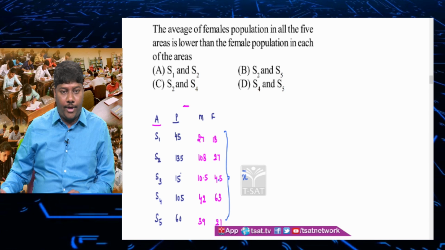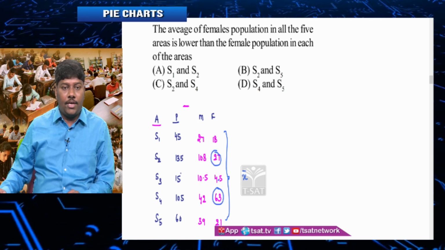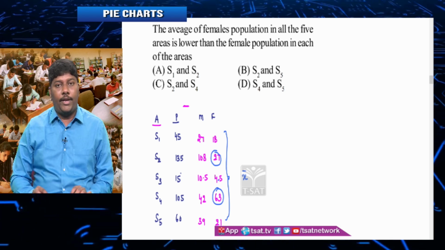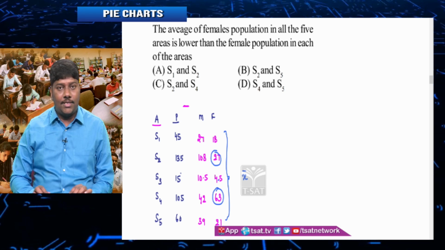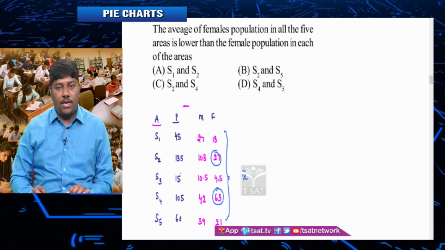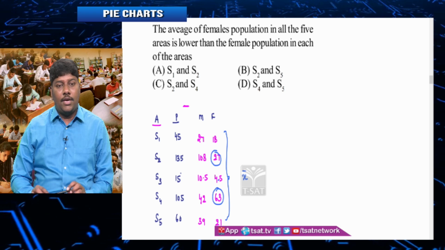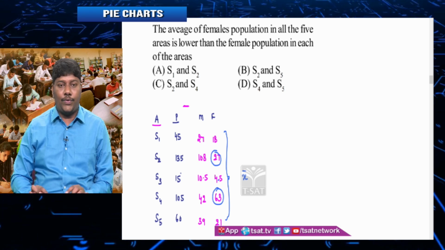The average is actually 34.5. So those 2 values must be 27 and 63 because these 2 areas are more female populated areas. If average has to be lesser than some areas, then the areas must be highly female populated areas. So if you look at highly female populated areas in the given graph, it is S2 and S4. Therefore, average must be less than S2 and S4.